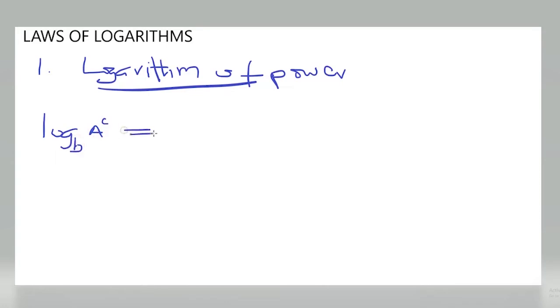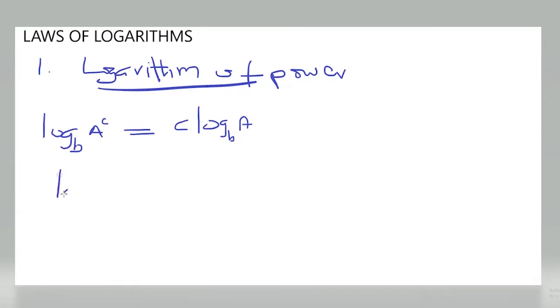This can be expressed by taking c behind the logarithm, just throw it behind the logarithm. This will be equal to c times logarithm of a to base b. This is the general expression of logarithm of power.